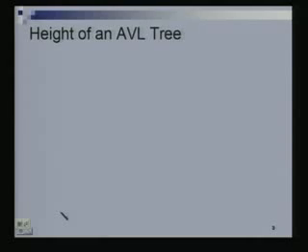So since we said that we are not going to have such kind of trees as AVL trees, let's try and figure out how bad the height of an AVL tree can be. Let's say I have an AVL tree of n nodes.